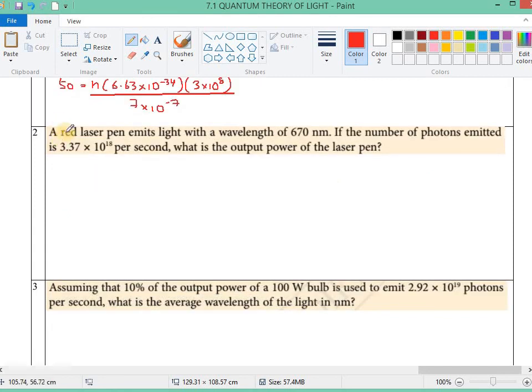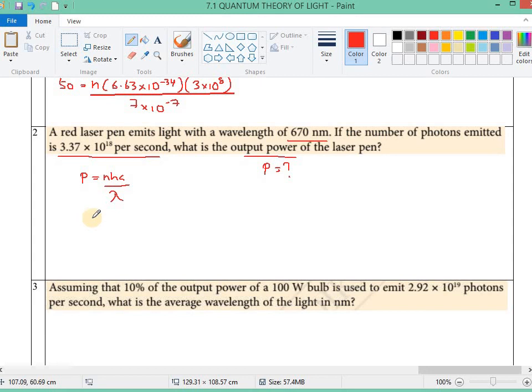Next, a red laser pen emits light with a wavelength of 670 nanometer. If the number of photons emitted is 3.37 times 10 to the power of 18 per second, what is the output power of the laser pen? Now they want us to calculate the power. Again, the wavelength is given, so we straight away use P equals nhc over lambda.